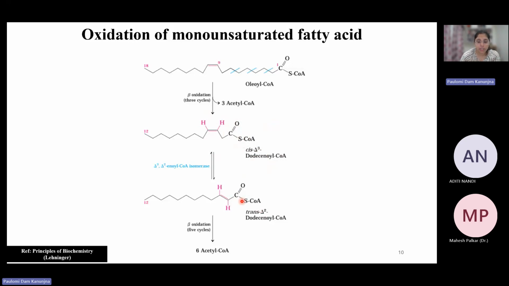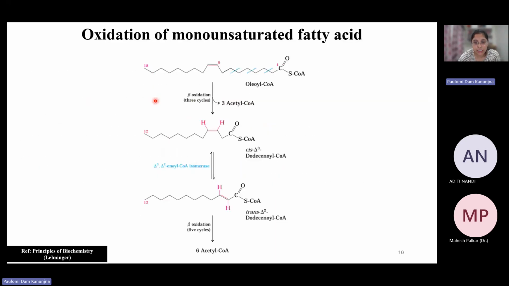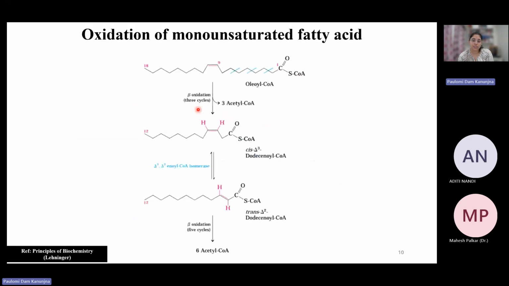And why is it important to do this? Because when it is in trans configuration, this enzyme can start acting. See, this is the cis configuration, both hydrogens on the same side. When it is in this form, it just bypasses the first step. It doesn't need to do this, since it has already formed a double bond. It needs something which makes it into a trans configuration.